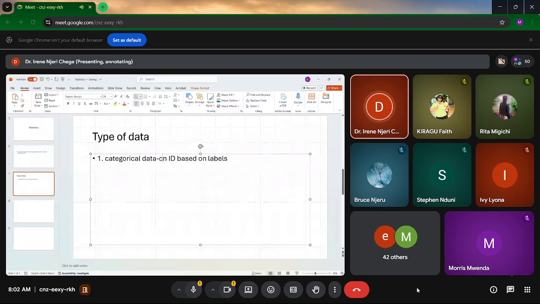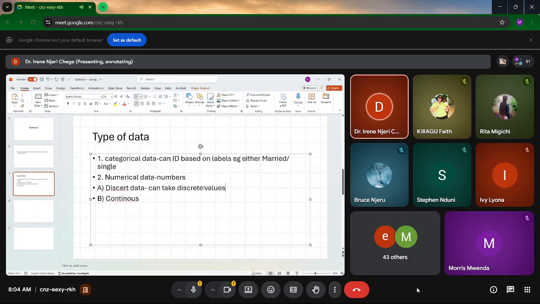What do we mean it can take discrete values? We can ask, how many students attended the class today? Today there are 40 students. So 40 students attended the class today.